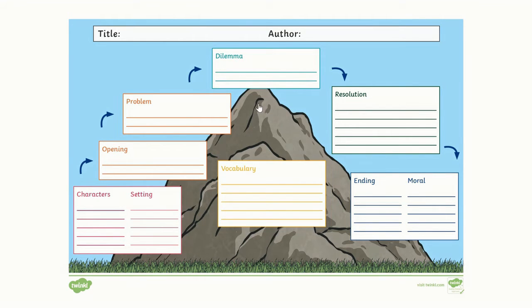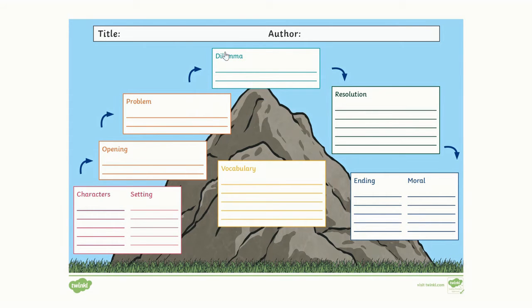There's a picture of a mountain in the background, just to give you the idea that we have a beginning here where you will introduce your characters and also the setting of the story, setting of time, setting of place. Then you go to the opening, which is also called rising because you are climbing towards the peak of the mountain.